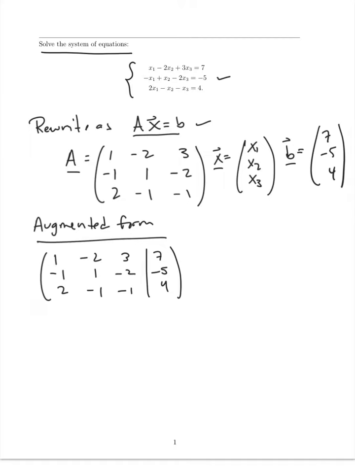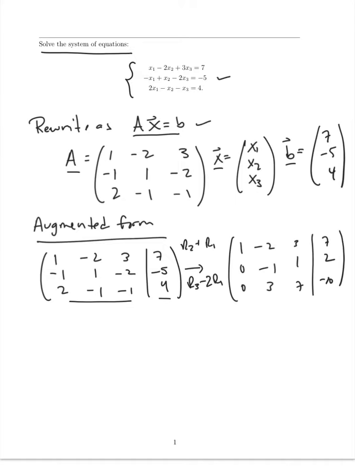This is my matrix A right here, and this is my vector B, and I'm going to perform a series of allowed row operations in order to get it into row-reduced echelon form, hopefully getting to the identity.